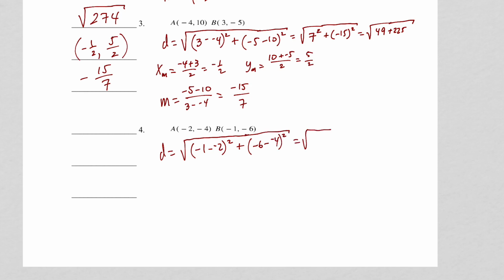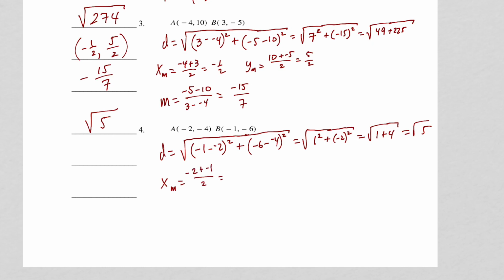So this is going to be negative 1 plus 2 is positive 1 squared, and negative 6 plus 4 is a negative 2 squared, which is the square root of 1 plus 4, which is the square root of 5, and that's the distance.